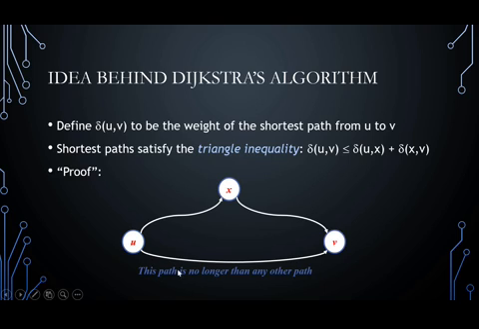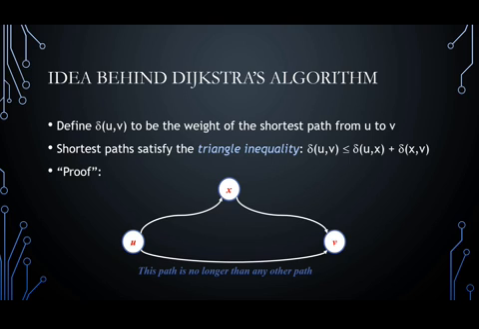If the direct path distance is greater, then I would not consider this direct path, but I will be traveling across the indirect path, so that becomes my shortest distance.